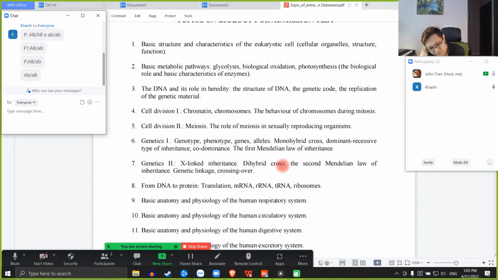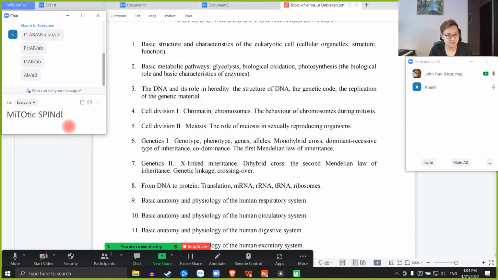The nuclear membrane disappears, and moving to the metaphase, the chromosomes arrange themselves at the equator of the cells. Yes. And the spindle fibers, what is the spindle fiber? It's called mitotic spindle.